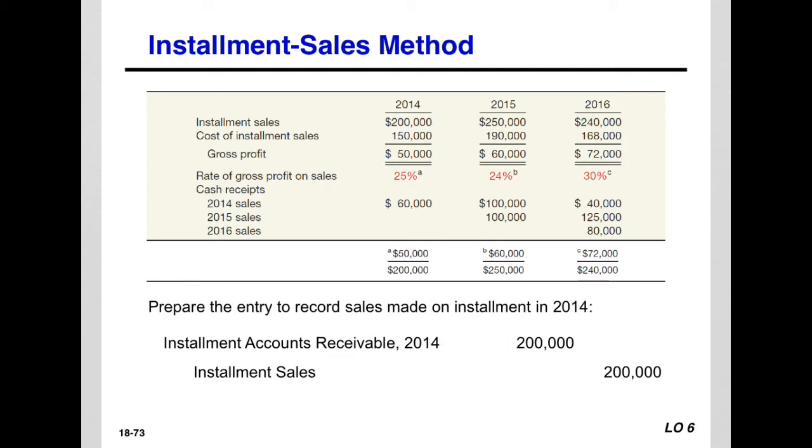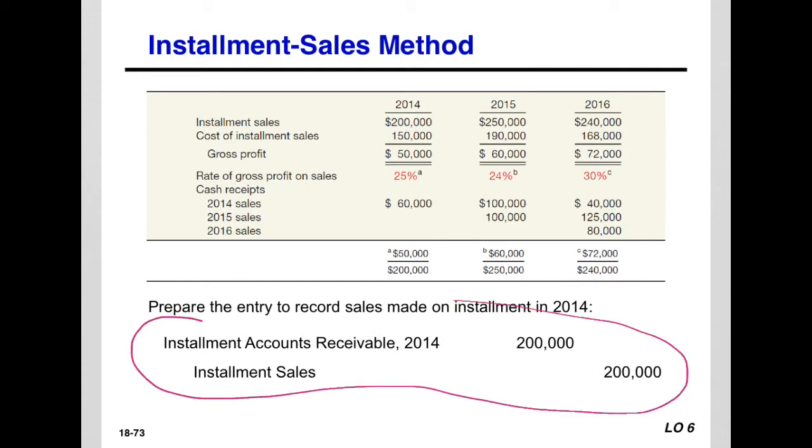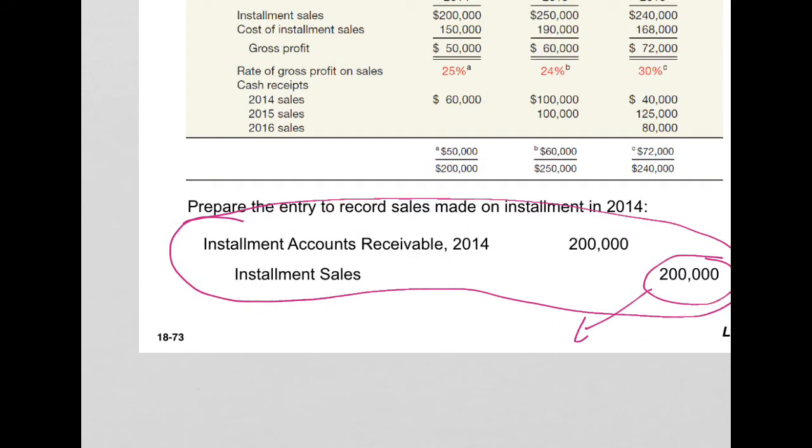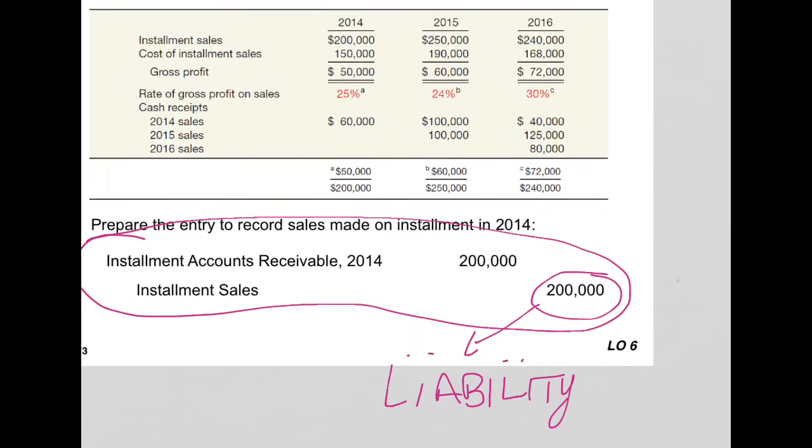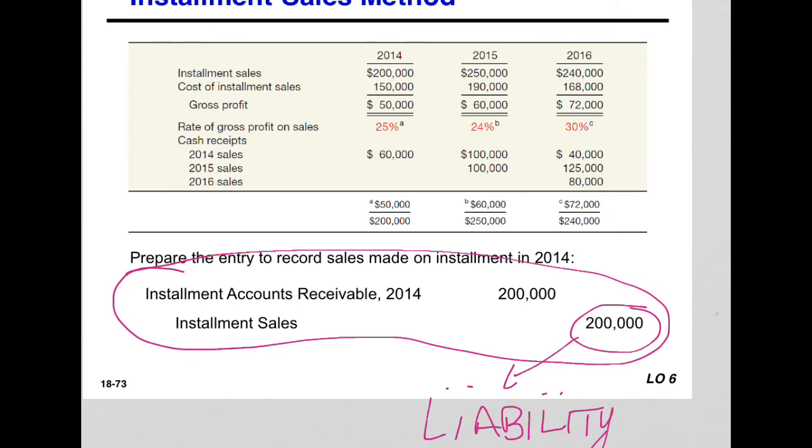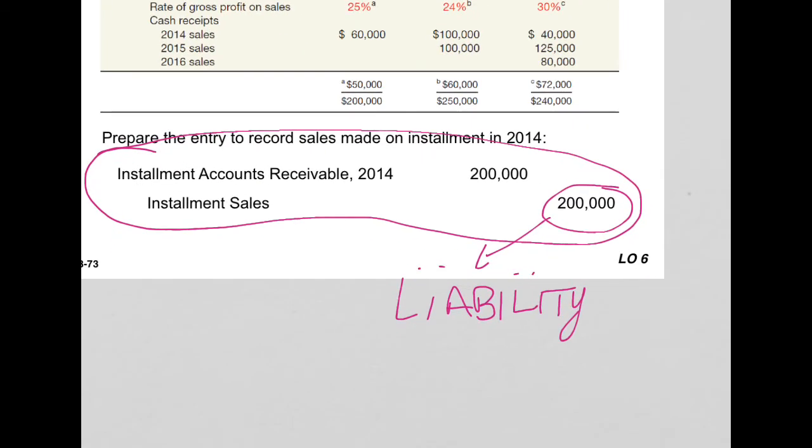Here's the initial sale. And instead of recording this to a revenue account, this really basically goes to a liability account. The reason being is we don't know whether we'll collect, and so it's not revenue yet. We'll recognize the revenue as we go along. So this is the total sale, and this is the deferred revenue, liability, and we'll say deferred.